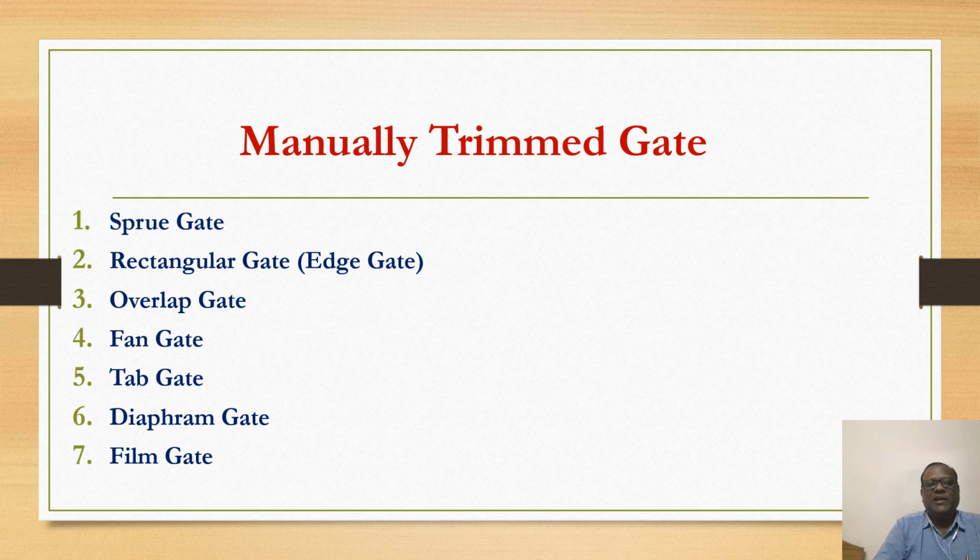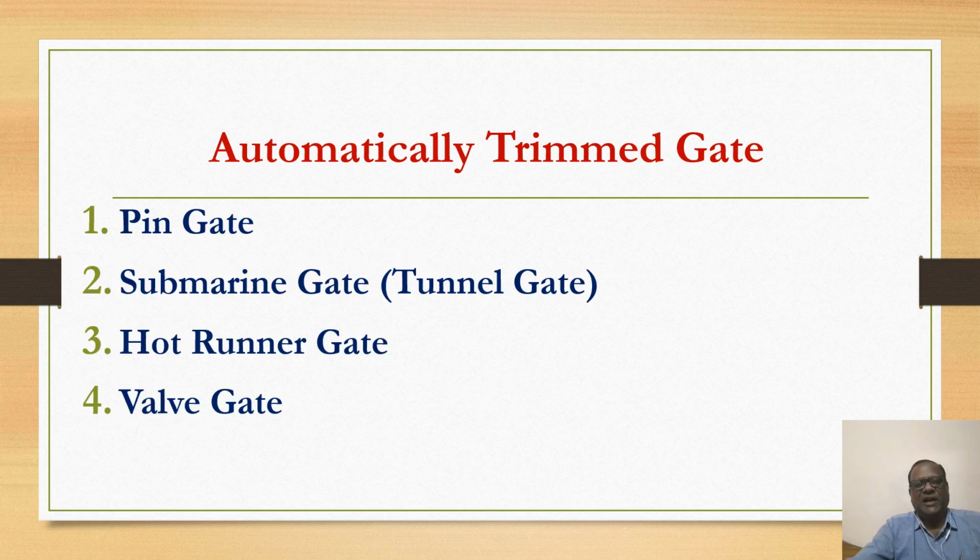The automatically trimmed gates are these types. One is pin gate. Pin gate comes under the category of automatically trimmed gate. Many times, in the case of a 3-plate mold, the mold designers recommend going for a pin gate. Another one is submarine gate.